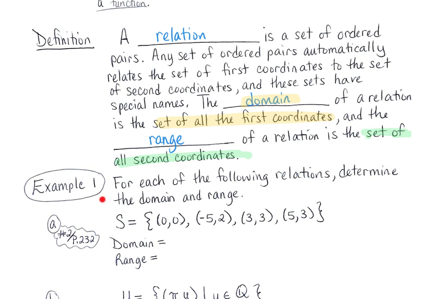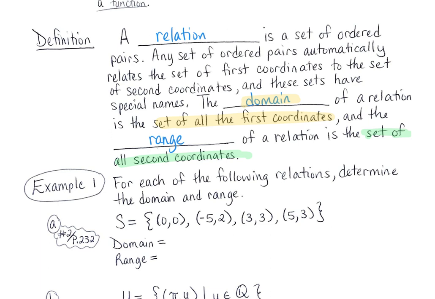In example 1, for each of the following relations, we want to determine the domain and the range. We know that the domain is the set of what? First coordinates. S is the set of all ordered pairs consisting of (0, 0), (-5, 2), (3, 3), and (5, 3). We want to determine the domain.